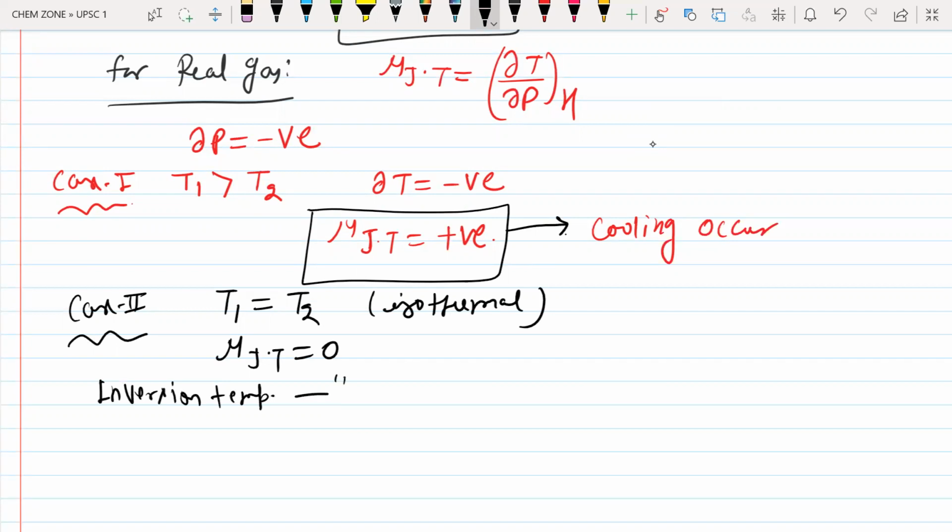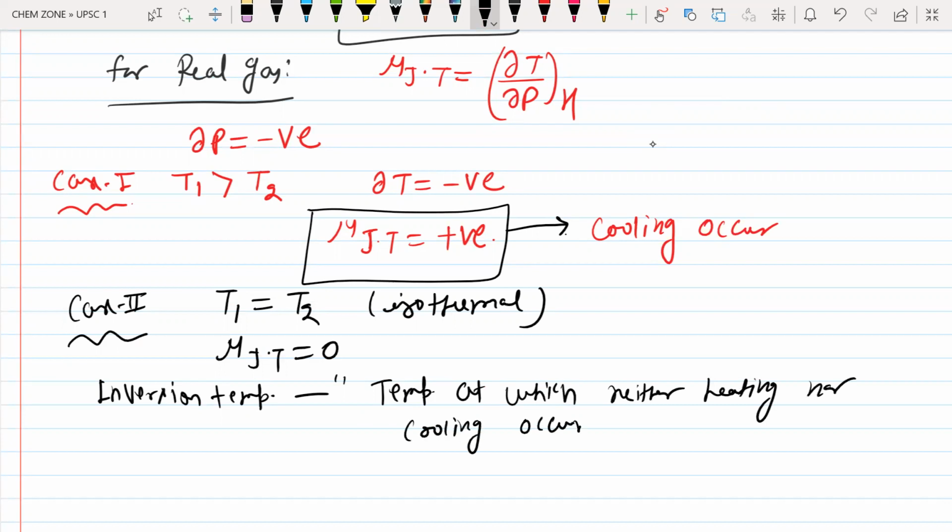What is it? The temperature at which neither heating nor cooling occurs. It's called the maximum inversion temperature.